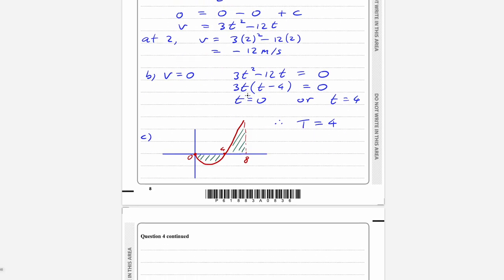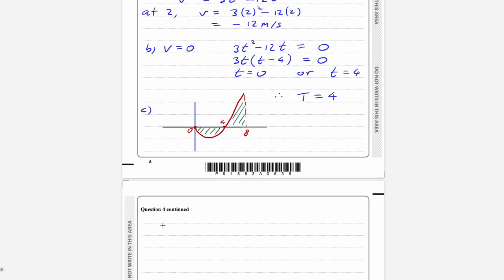So let me just write it here: the distance equals the integral from 0 to 4 of 3t squared minus 12t dt, plus the integral, now I'm not finished, guys, so just hang on 2 seconds, from 4 to 8 of 3t squared minus 12t dt.